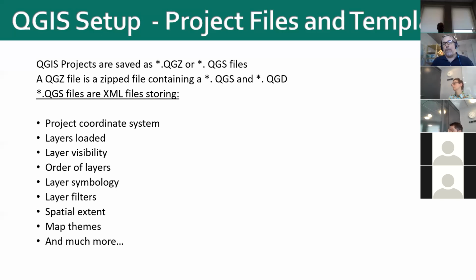Map themes are also stored at the project level. So there's a lot in here that gets saved in a project. When you click save in QGIS, it basically saves everything exactly as you look at it. So if you were to close out and reopen that project, it will come up exactly as you saved it.